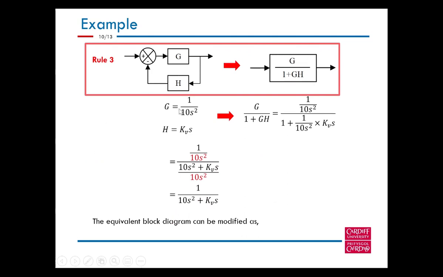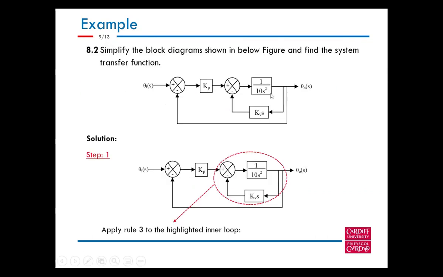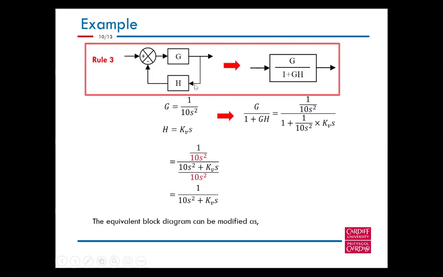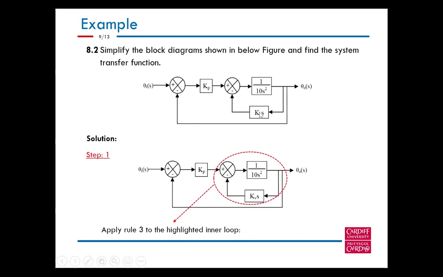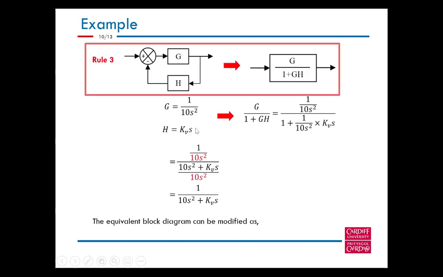In this case, G equals 1 over 10s squared, and we have H, which equals KV times s. Just by applying the rule here, what you will get is an integrated block with the function 1 over 10s squared plus KVs.